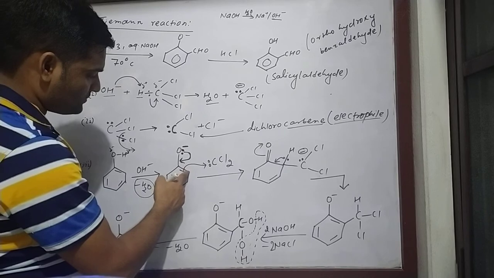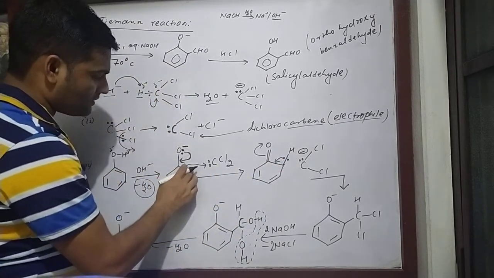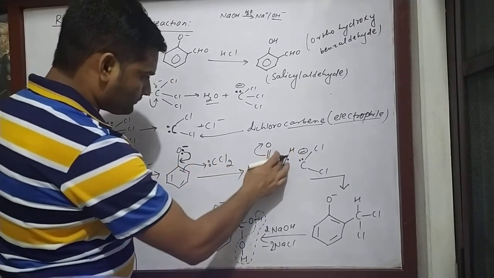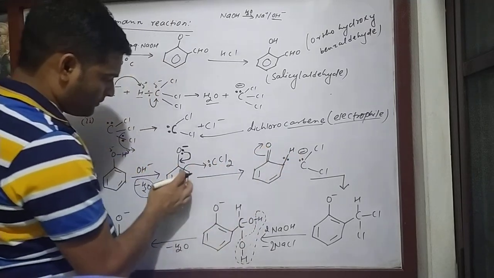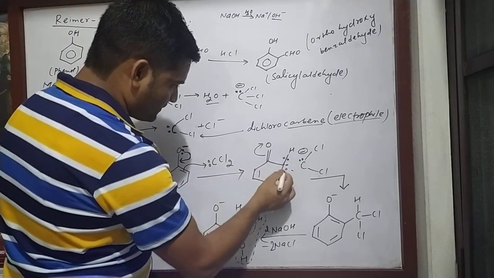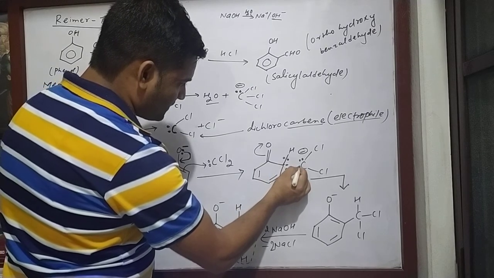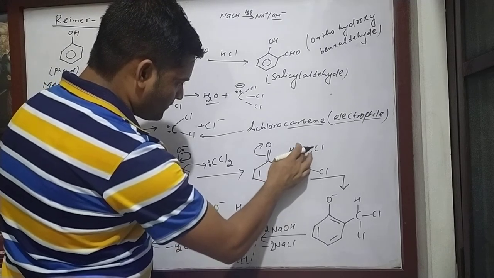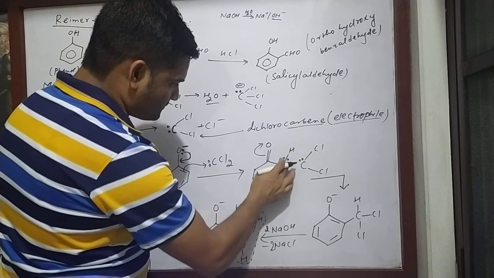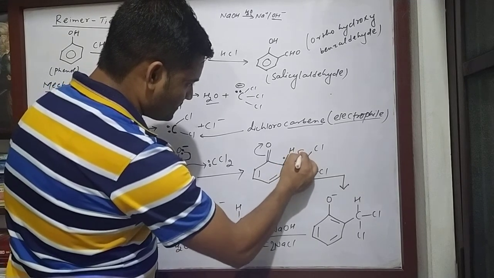This carbon also contains one hydrogen. When the pi bond shifts towards this carbon, a negative charge develops, and this lone pair forms a bond with the carbene. When this negative charge bonds with the neutral carbon, the negative charge shifts onto this carbon.